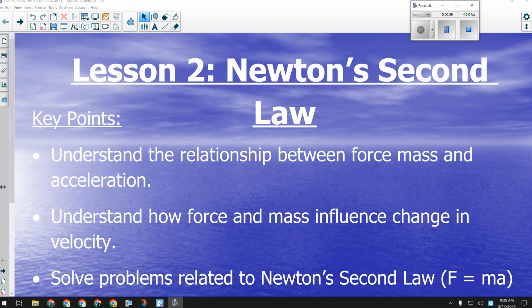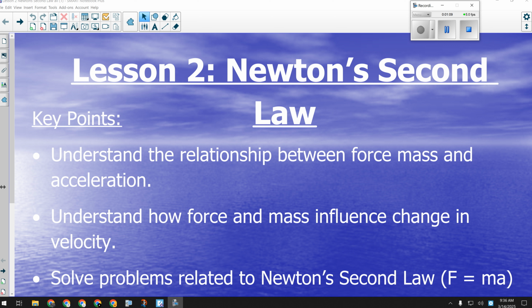That's Newton's first law. Newton's second law deals with all the other situations, where there is a net or unbalanced force. Anytime there is a net or unbalanced force, there will be an acceleration. Newton's second law talks about the relationship between that net force, the mass of the object, and the acceleration that the object experiences.